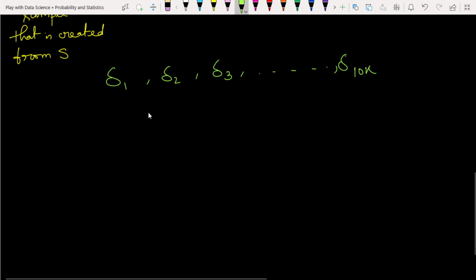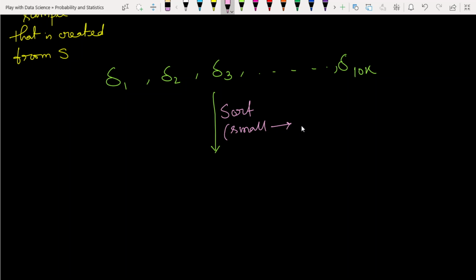After calculating these 10,000 values, we will sort them from smallest to largest, or you can call it increasing order.